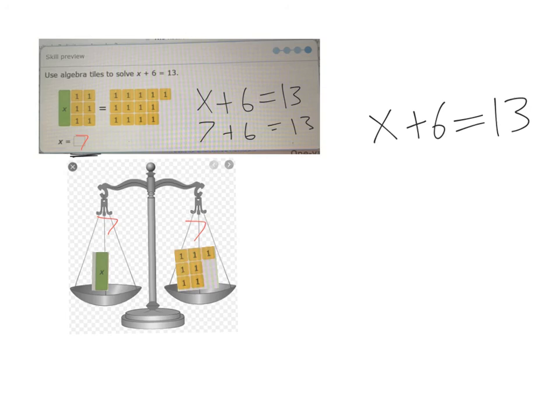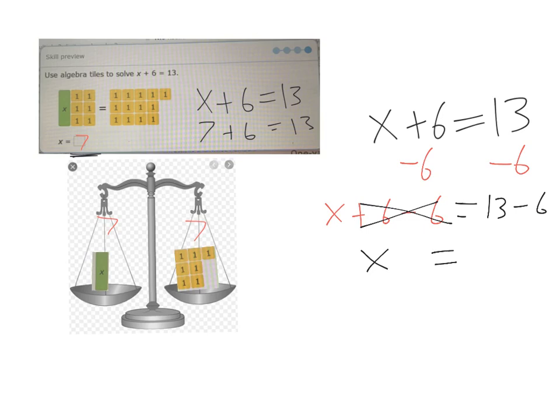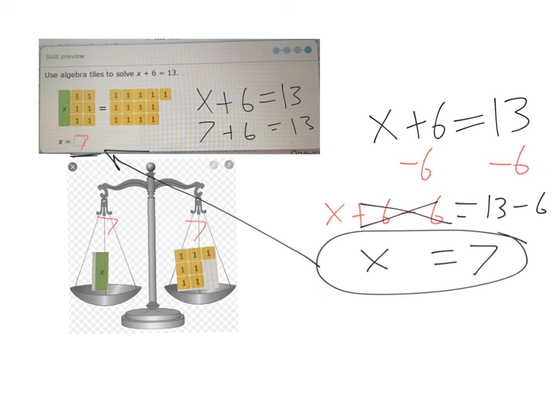So I'm going to go minus 6, which is what I did earlier. Now, if you think about it, x plus 6 minus 6, plus 6 and minus 6 cancel each other out. So we end up with just x. But 13 minus 6, that's going to change the number. 13 minus 6 is 7. So just like we ended up with before, we know that x equals 7.